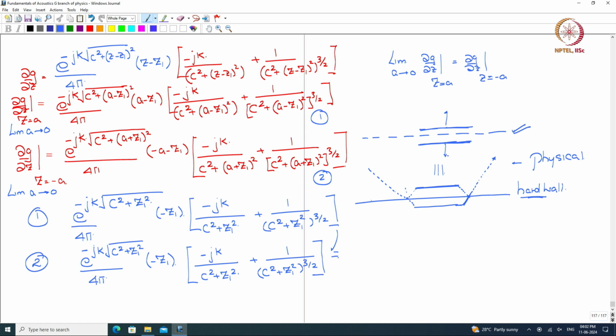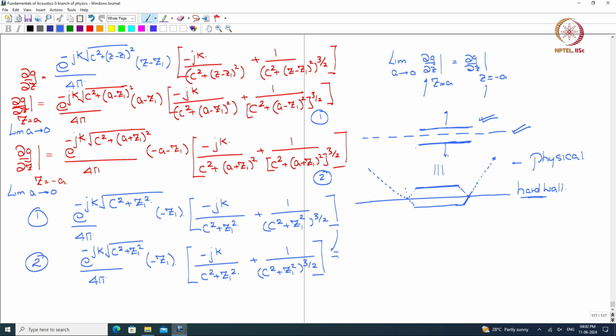I suppose you see what we are doing over here. So for this situation, mathematically I have found del G del Z at Z equal to A equals del G del Z at Z equal to minus A.